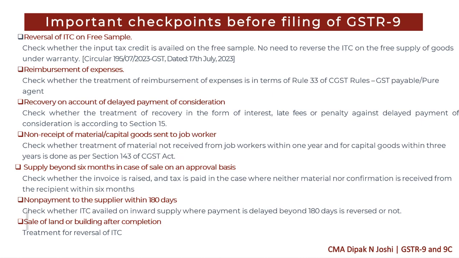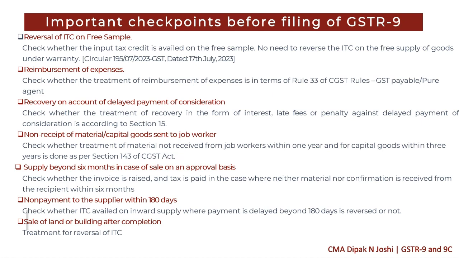So one should check whether a registered person has provided any free samples during the financial year, and if so, whether appropriate input tax credit is reversed by that registered person or not. That you should check before filing GSTR 9 for the financial year.